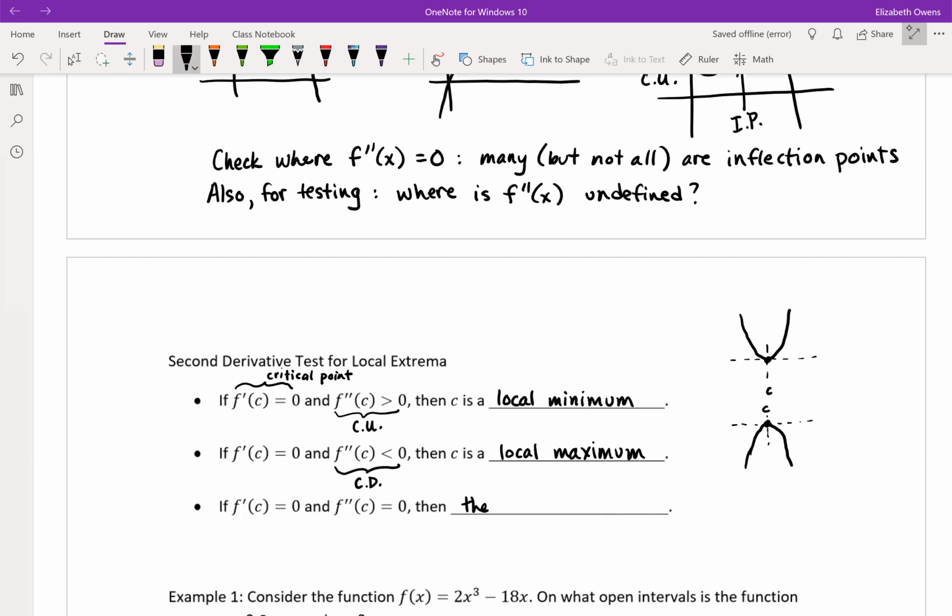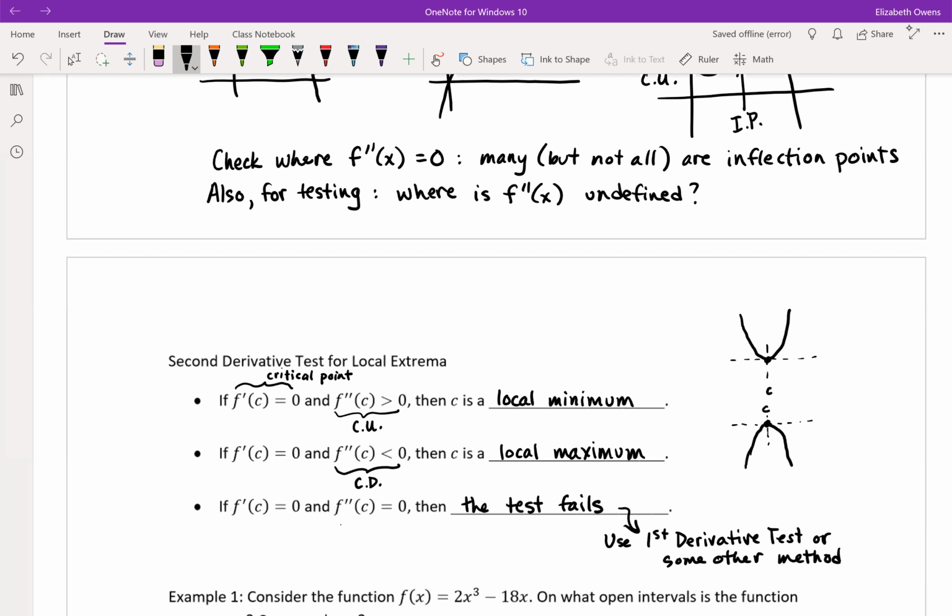So in this case, we just say that the second derivative test doesn't apply to that case. The test fails us. So you would have to go back and use your first derivative test or some other method for looking at this, because you might have a minimum, you might have a maximum, or it might be neither.